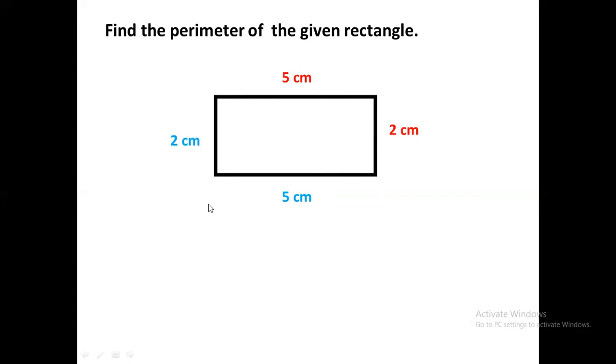Now we can easily find the perimeter of this rectangle by adding all these boundary lines length. So perimeter will be equal to 2 centimeter plus 5 centimeter plus 2 centimeter plus 5 centimeter, and the answer will be, yes, 14 centimeter.